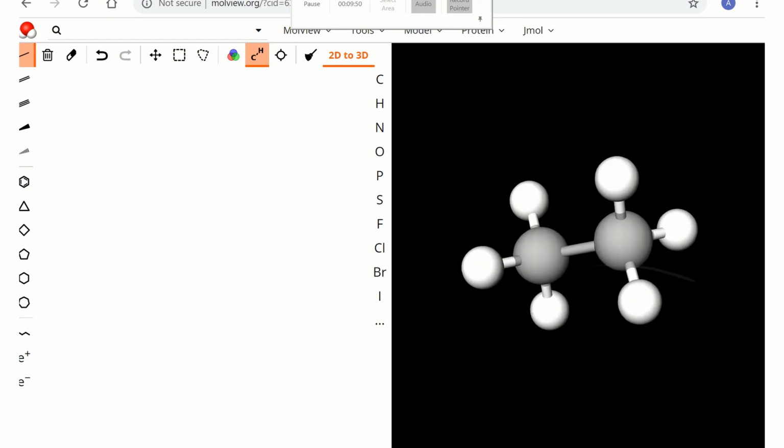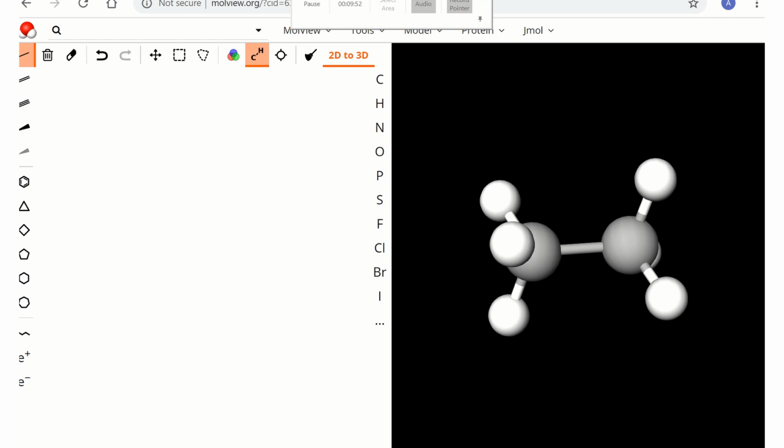So the bond here can rotate and it's very flexible. Now I'm going to change that to a double bond. Oops, I'm just going to erase this one. So with a double bond here, this becomes ethene.